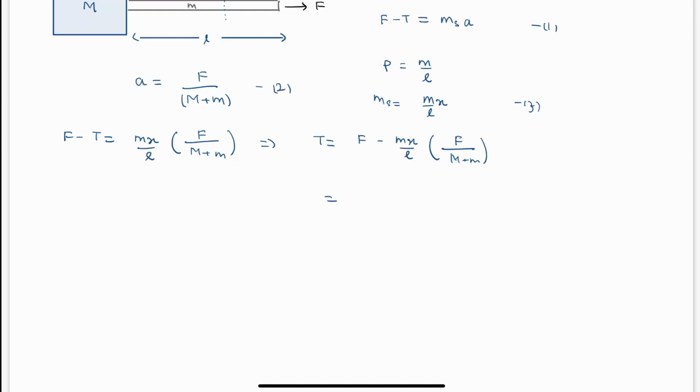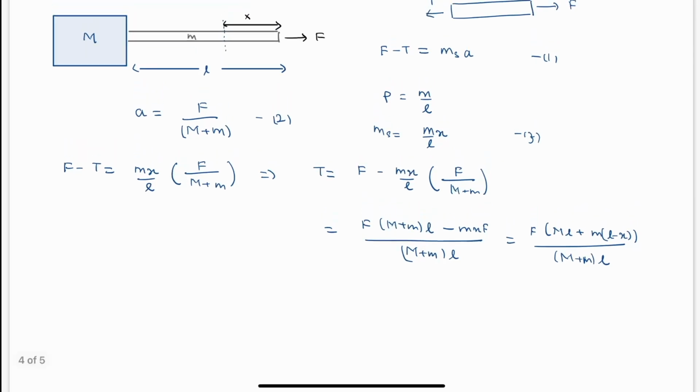This will be F times (M plus small m) times L minus m x times F, divided by (M plus small m) times L. Since F is common, this is equal to F times (M L plus m L minus m x) divided by (M plus small m) times L.